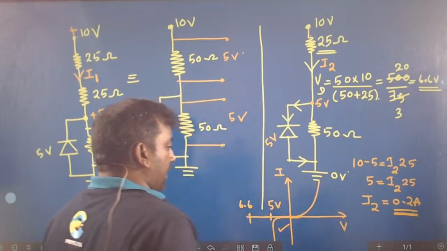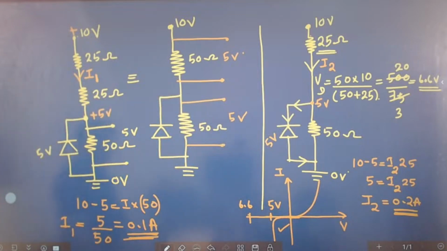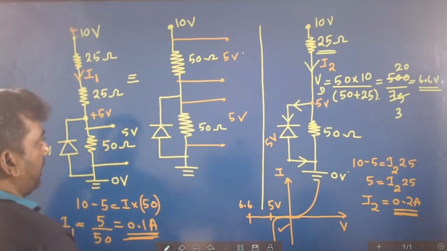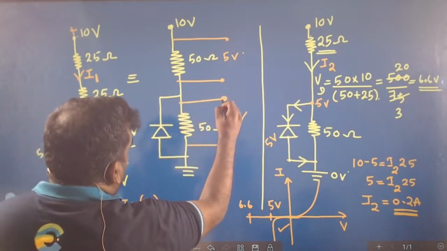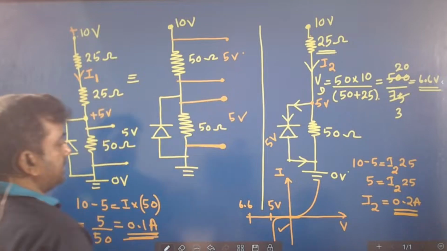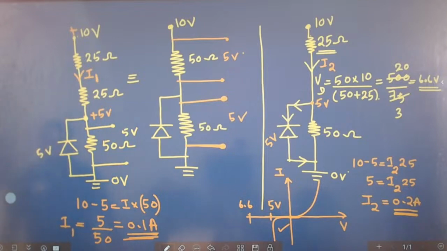The characteristic curve of a diode shows that once the breakdown voltage is achieved, current will flow through the diode under the reverse bias condition.